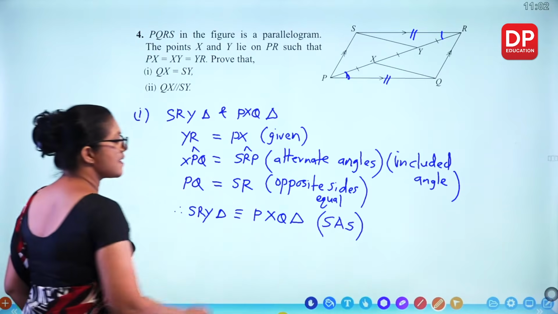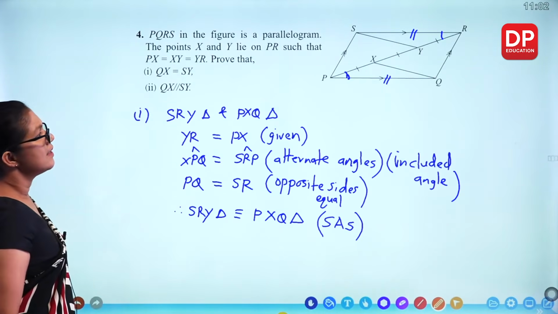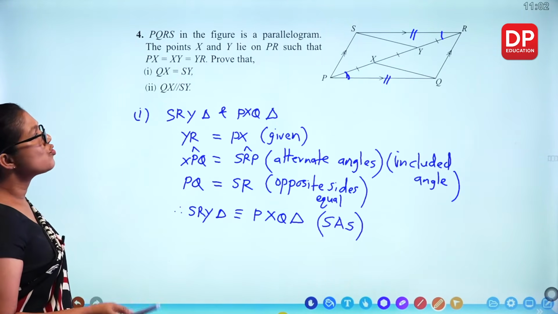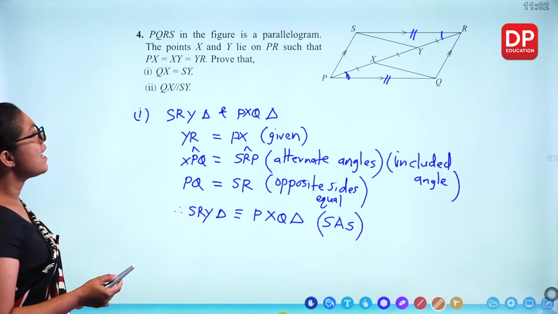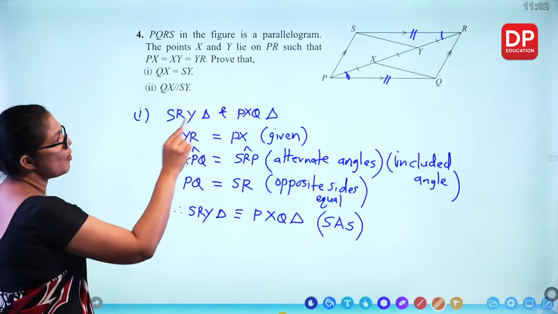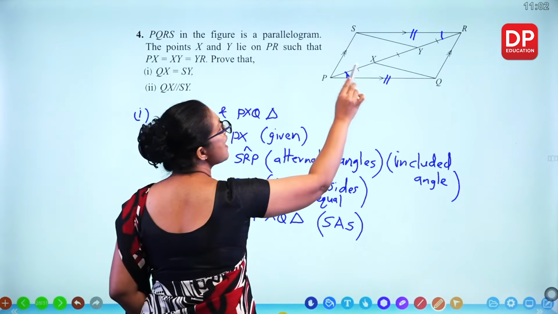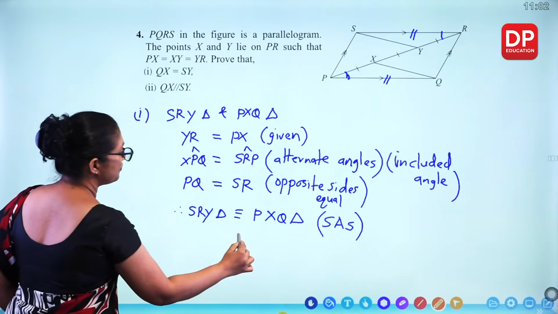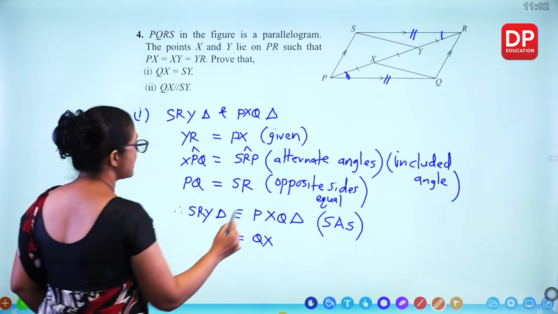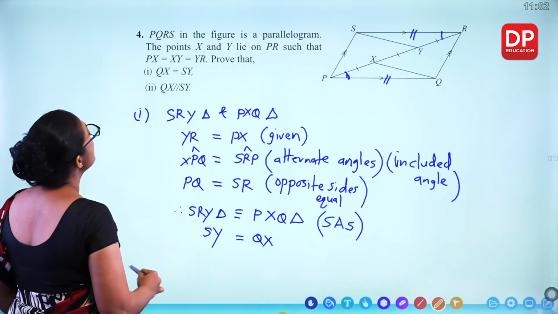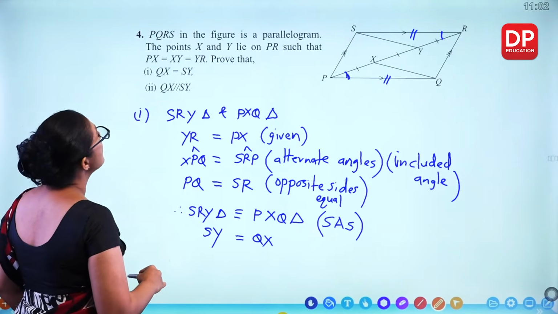Then side, angle, side. Now we found out these two triangles are congruent. The corresponding elements are equal. So corresponding element opposite to this angle is QX and opposite to the other angle, that's SY. So SY is equal to QX.